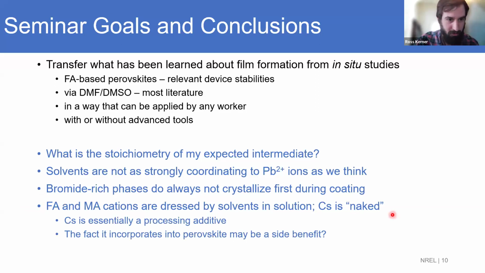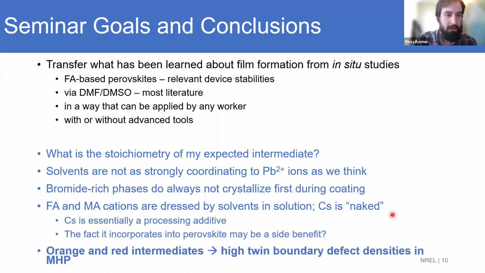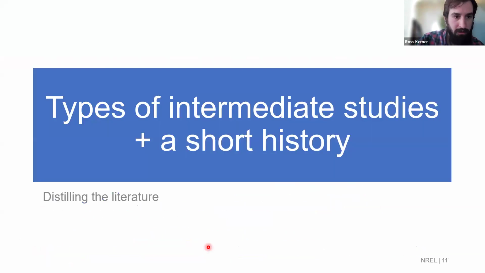But really, it seems like its main impact is on crystallization. And then something that's super practical is that if you see orange and red intermediates, you might expect or anticipate a high density of twin boundary defects in your perovskite. And you'll see why after I go through the literature review.